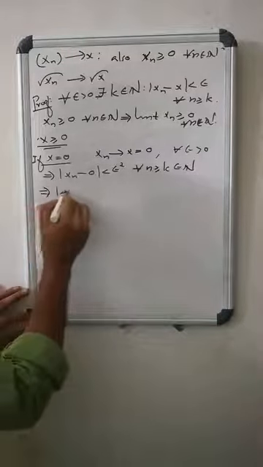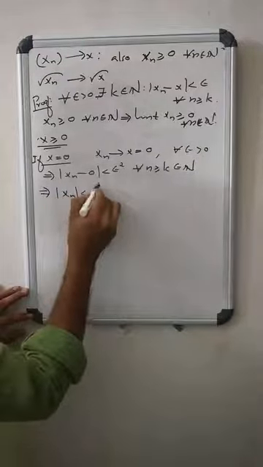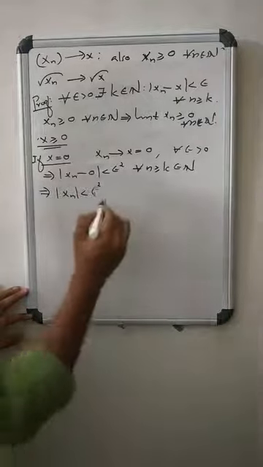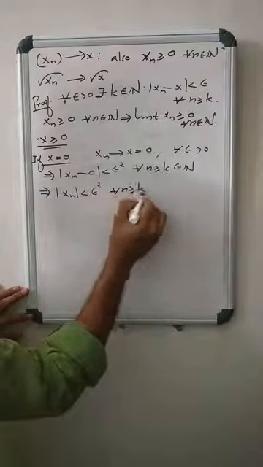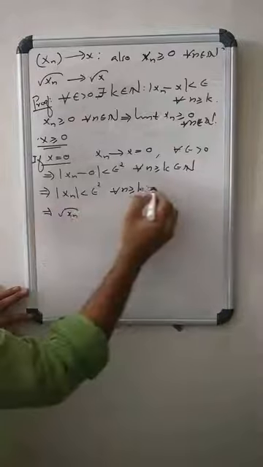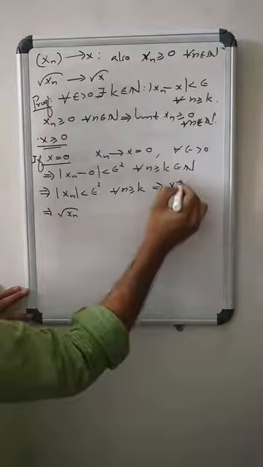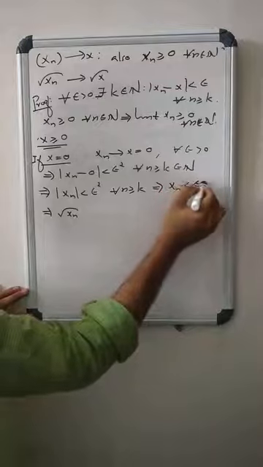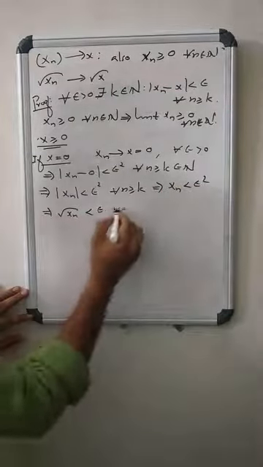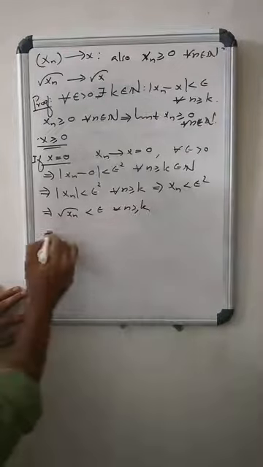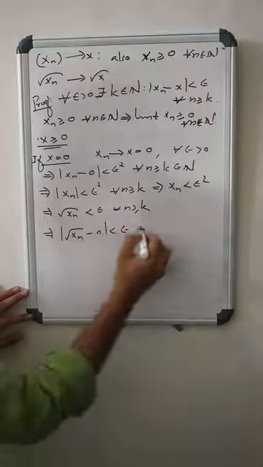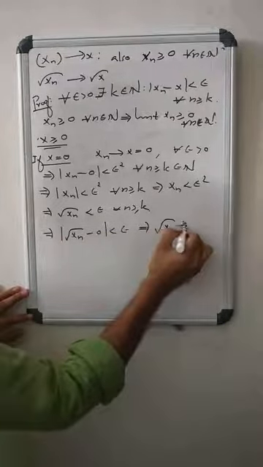That means |xn| < epsilon squared. Since xn is greater than or equal to 0, |xn| is xn, so xn < epsilon squared. Therefore, root xn < epsilon for all n greater than or equal to k. That means |root xn - 0| < epsilon, so root xn converges to 0.